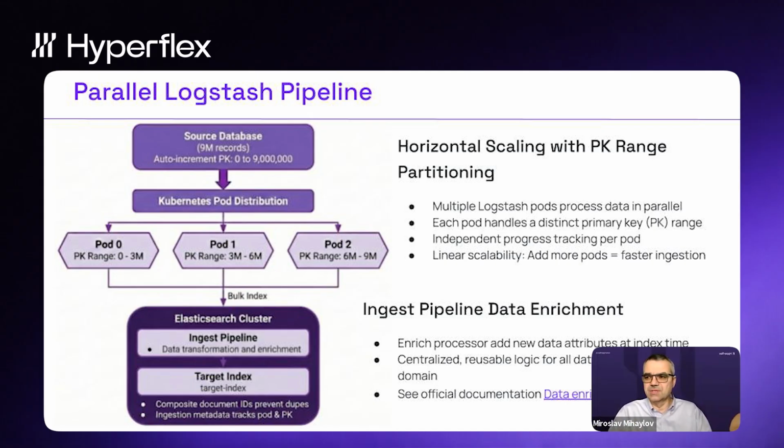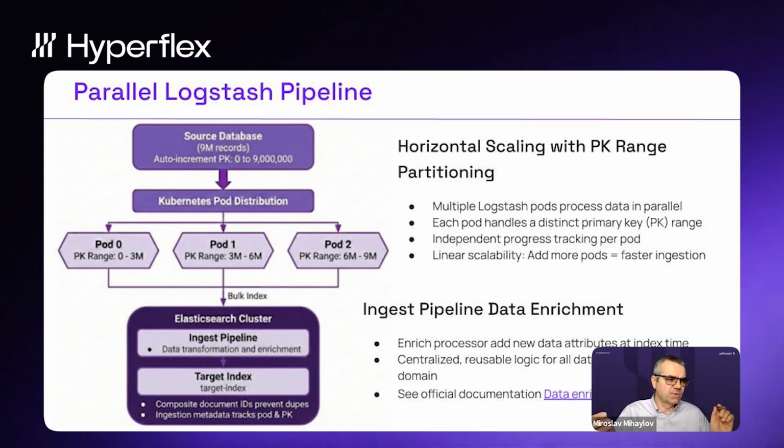And this is basically the concept for any sort of parallel execution. Typically in the Elk universe, you do that with Logstash, but it can be anything else. The idea here is that we can spread the ingestion process horizontally, split across many parallel threads.